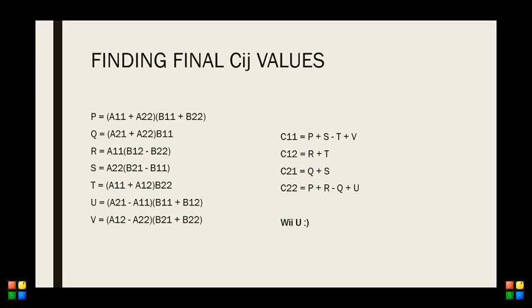VU is a video game console that is the successor of the Wii, and is manufactured by, what was the name, Nintendo Corporation. So I will write VU. I'll just remember this term VU, and I'll write C11 as V, C22 as U. It's that simple, and we are already done with the Strassen's matrix multiplication formulas.